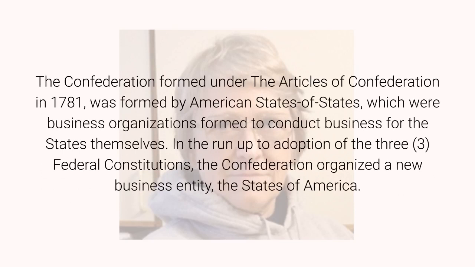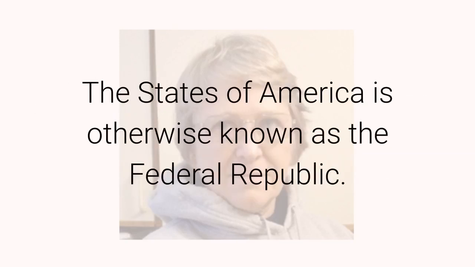The Confederation, formed under the Articles of Confederation in 1781, was formed by American states of states, which were business organizations formed to conduct business for the states themselves. In the run-up to adoption of the three federal constitutions, the Confederation organized a new business entity, the States of America. The States of America is otherwise known as the Federal Republic.